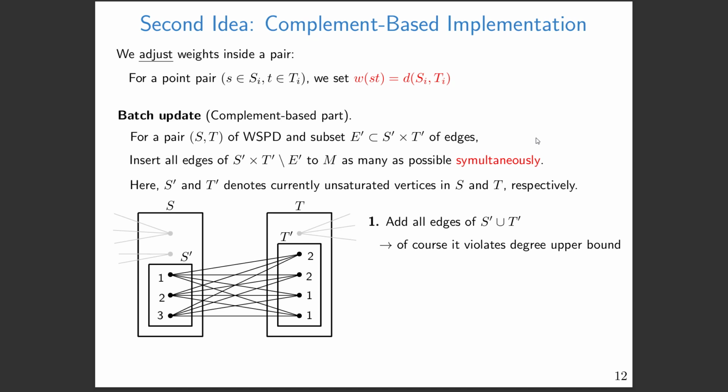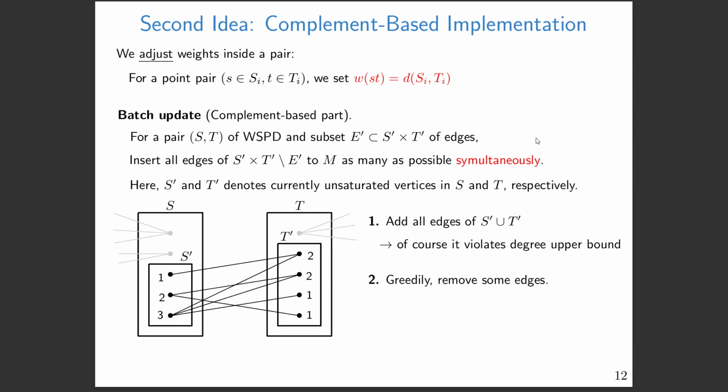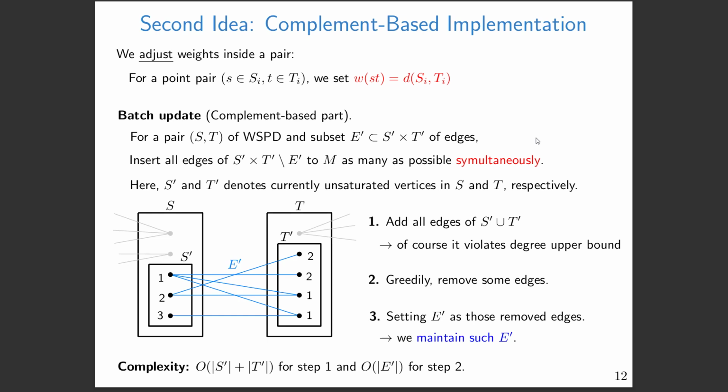Of course, this will violate the degree upper bound for some vertices, so we remove some of those edges in a greedy manner to satisfy the degree condition. And here's the striking point: we store and maintain those removed edges as E prime, instead of storing the current exact matching edges. We can observe that the complexity of this batch update is linear in the size of S prime, T prime, and E prime.